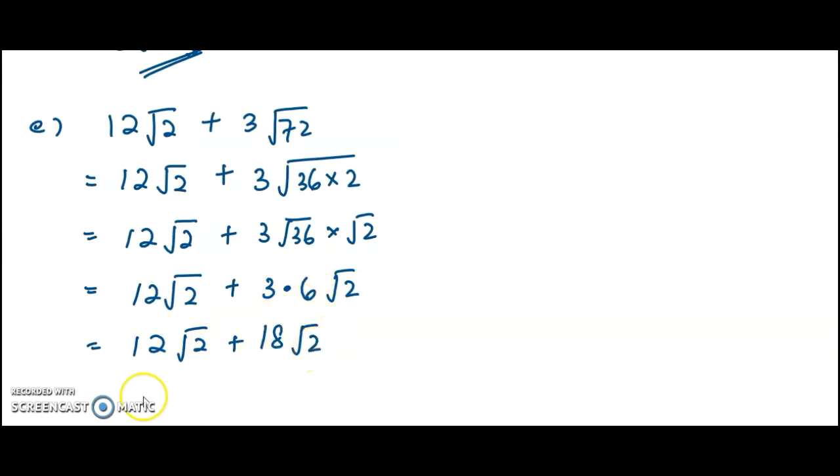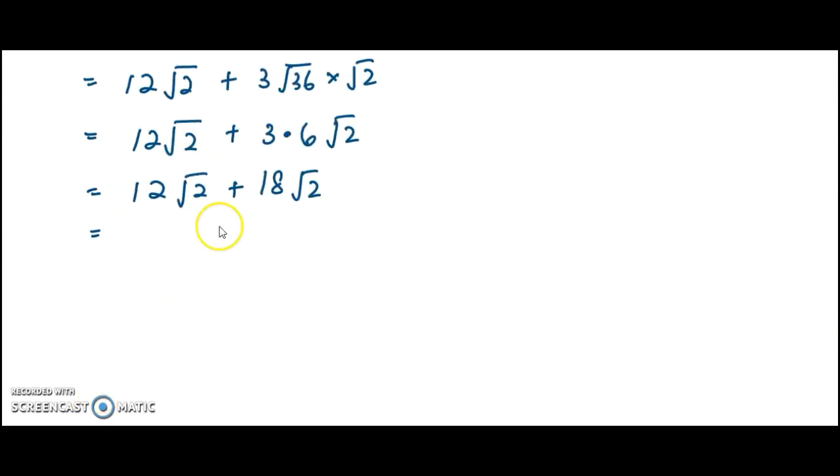18 surd 2. Similar to the question above, we can use the apple approach. You see this as 12 apples plus 18 apples. In total you get 30 apples, where the apples represent surd 2, so this is 30 surd 2.